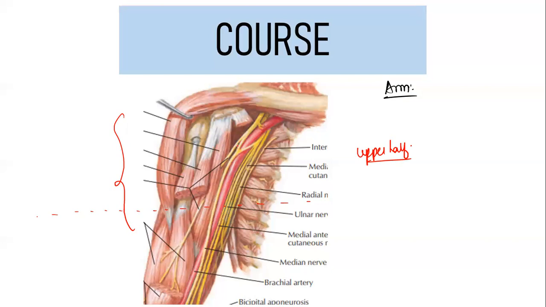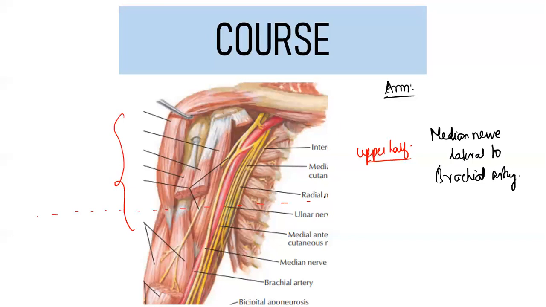In the axilla, it was lateral to the axillary artery, so it is going to continue along the same path. But the only thing is you have to change the name of the artery here. Here it becomes the brachial artery. So in the upper half of the arm, the median nerve lies lateral to the brachial artery.